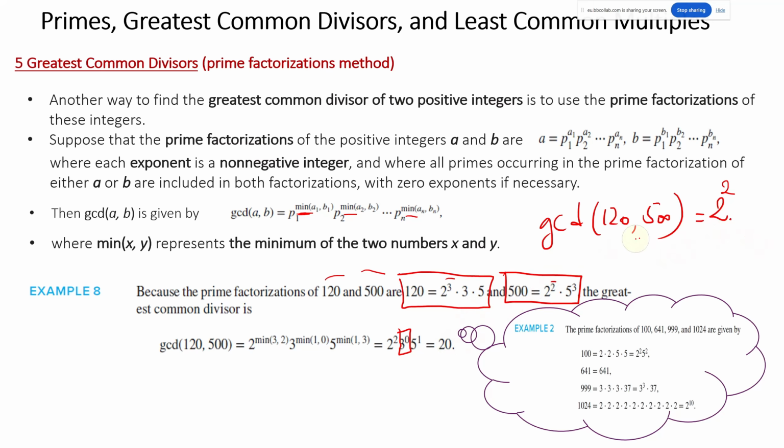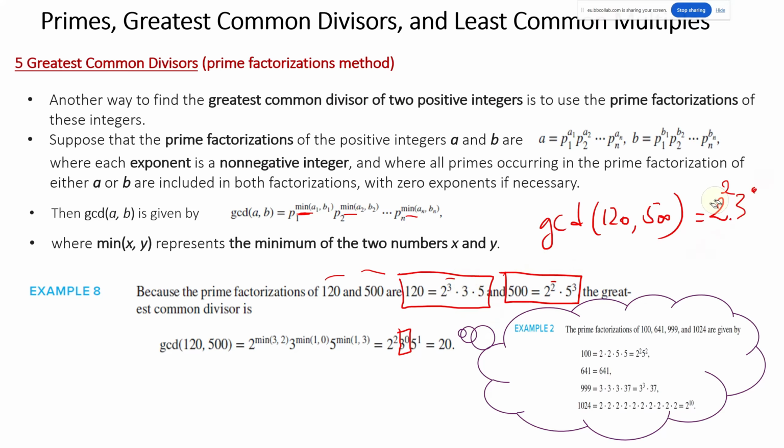Because I did not finish, here we have 3. There's one 3 here and zero 3s here. That means 0 is going to be the minimum. So basically we can write 3 to the power of 0, or we can just omit it, because any number to the power of 0 is 1, which is not going to affect the result.